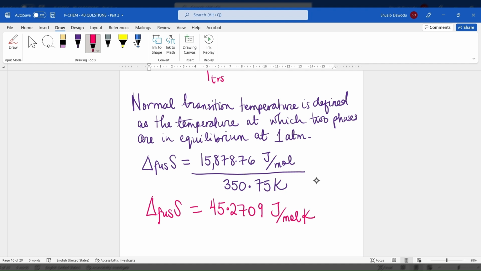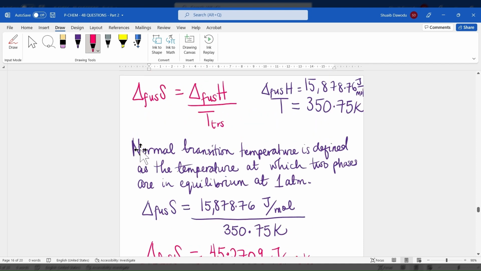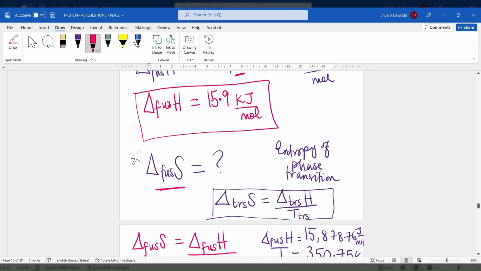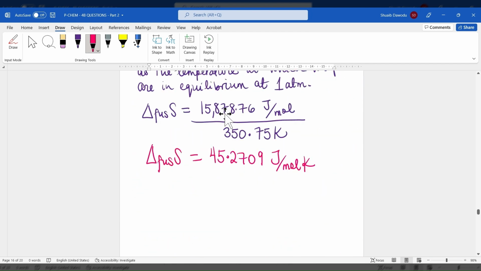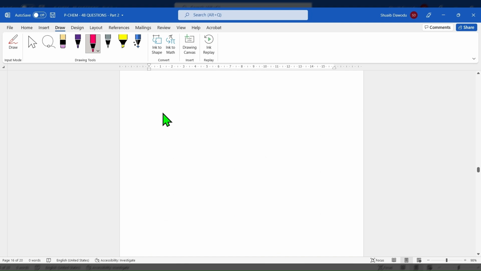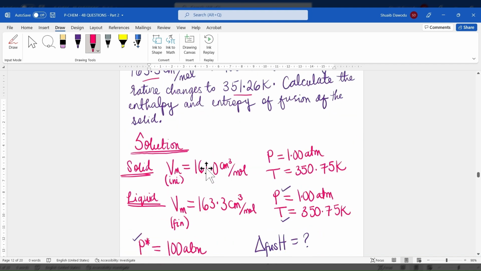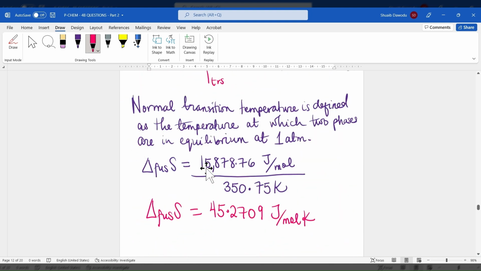But then again, we are scientists. We know as scientists, we are supposed to always keep our work in the proper number of sig figs. We see that the enthalpy of fusion is actually in 3 sig figs. So we're going to round up our entropy of fusion to be in 3 sig figs, or we can just remember our question up top. We've got part of the question in 3 sig figs, in 4 sig figs, in 5 sig figs. We put the lowest number of significant figures, which is 3 sig figs.